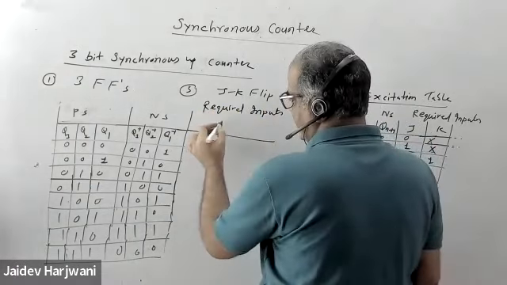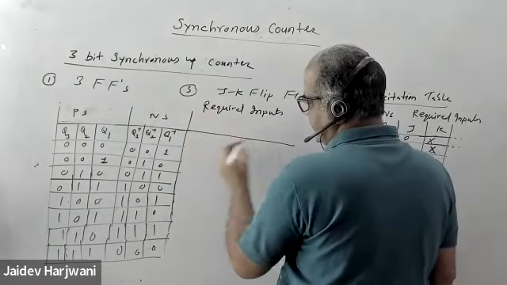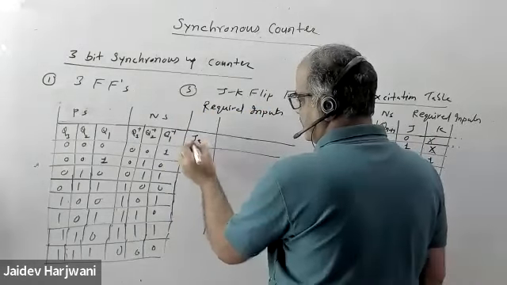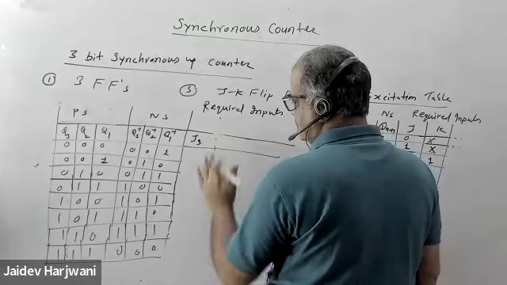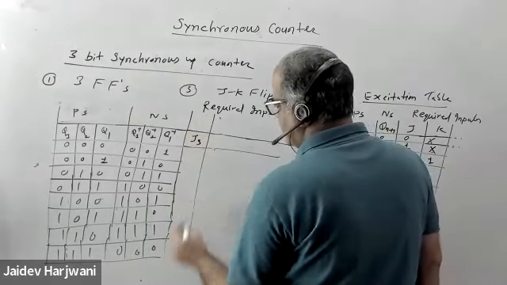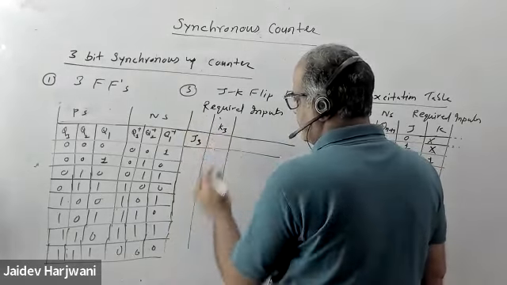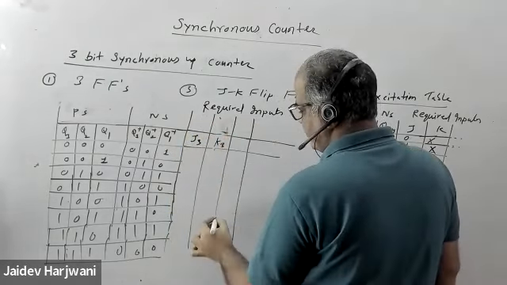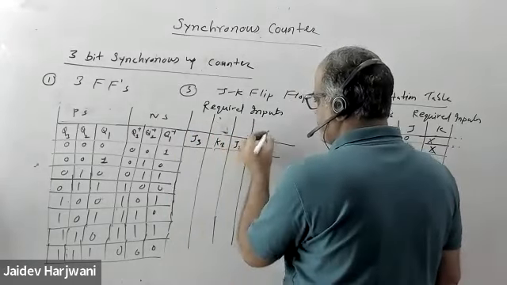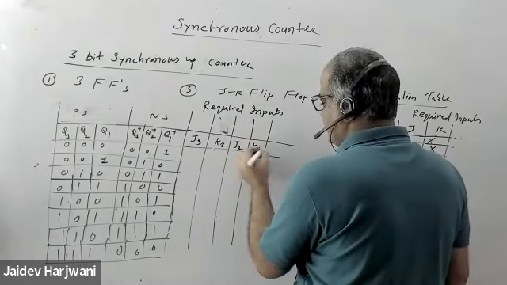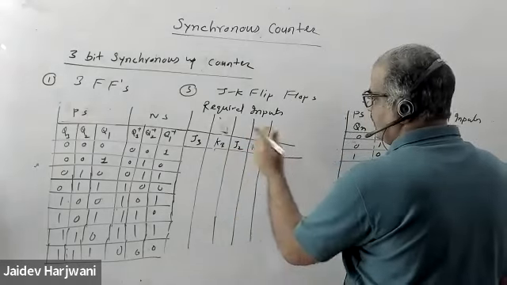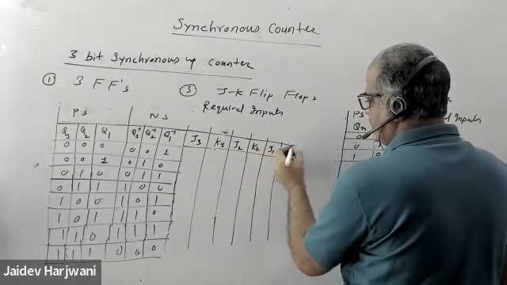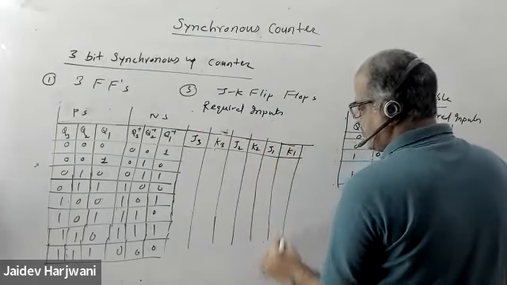So we have three flip-flops, that means we have J3, K3, then J2, K2, and then J1 and K1.